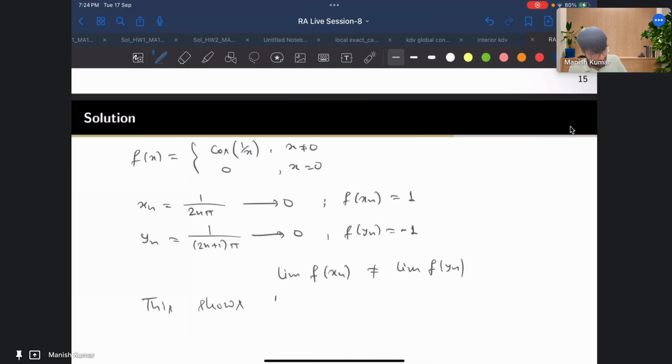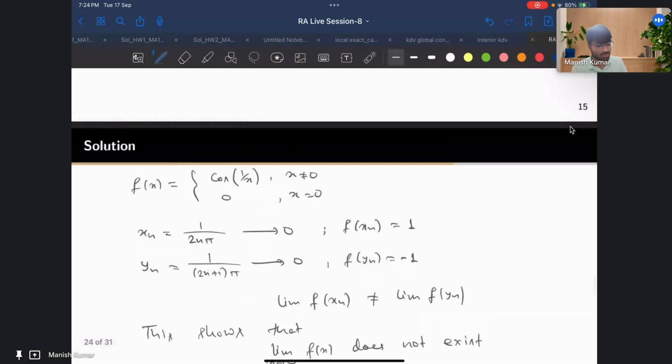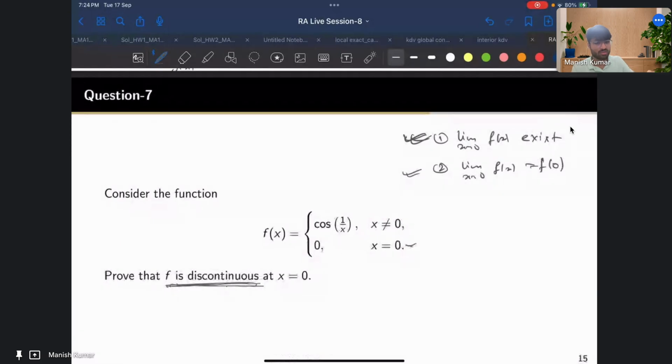This shows that the limit as x goes to 0 of f(x) does not exist. Since this does not exist, it cannot be continuous, so the first condition itself is not true over here.